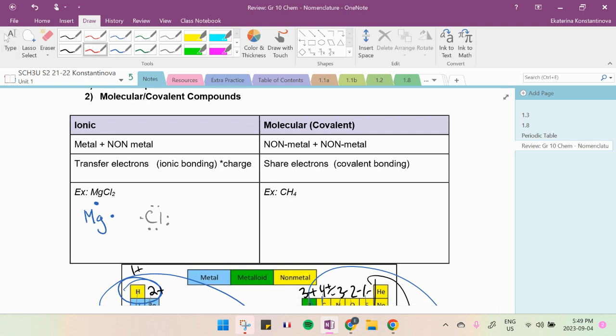In our case, magnesium, it's easier for it to lose an electron and give it to chlorine. Chlorine will happily accept this transferred electron. However, you notice that magnesium has a second valence electron that needs somewhere to go. So this is why we need another chlorine to accept this transfer of electrons, to accept the second valence electron.